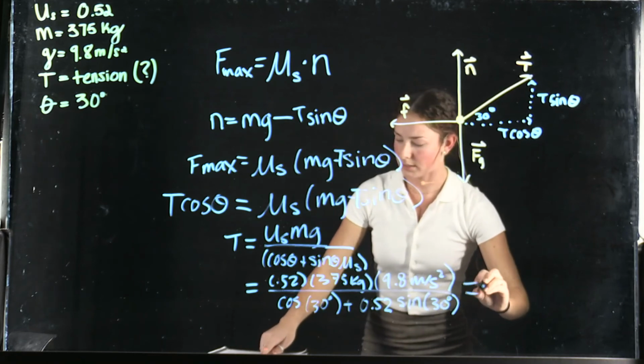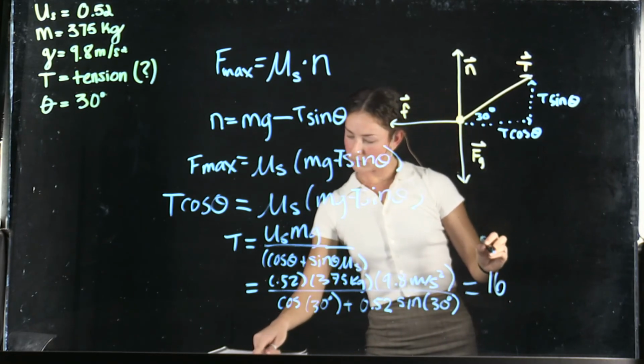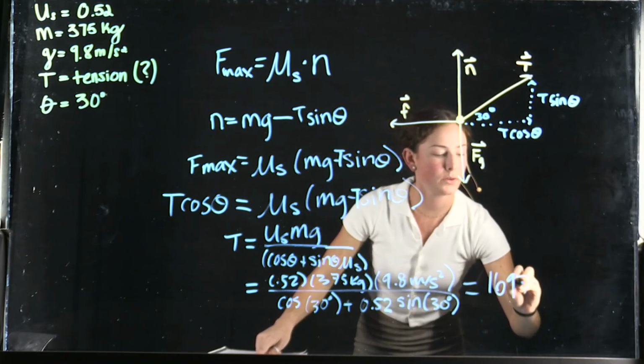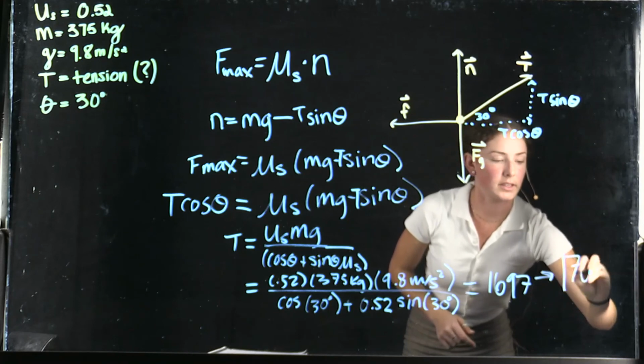And this gives us about 16.97, and with sig figs, that's 1700.